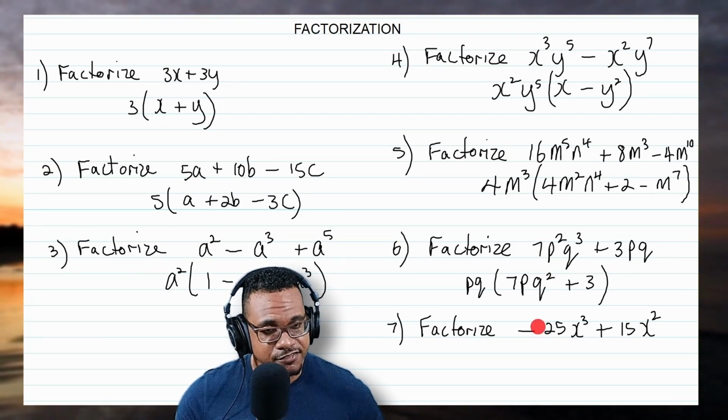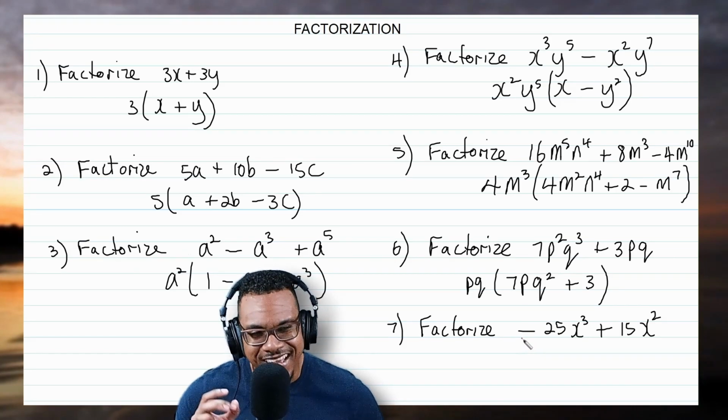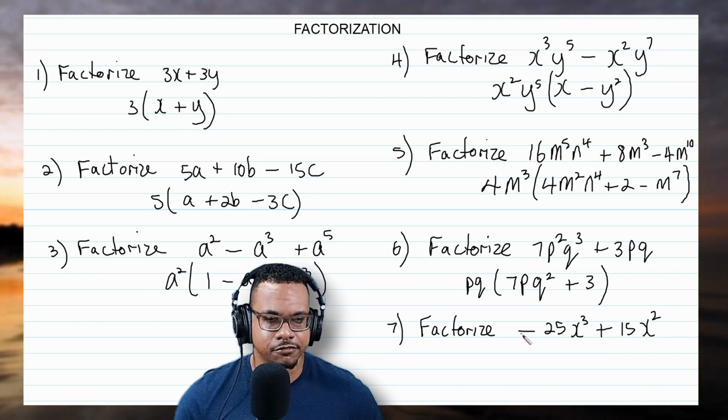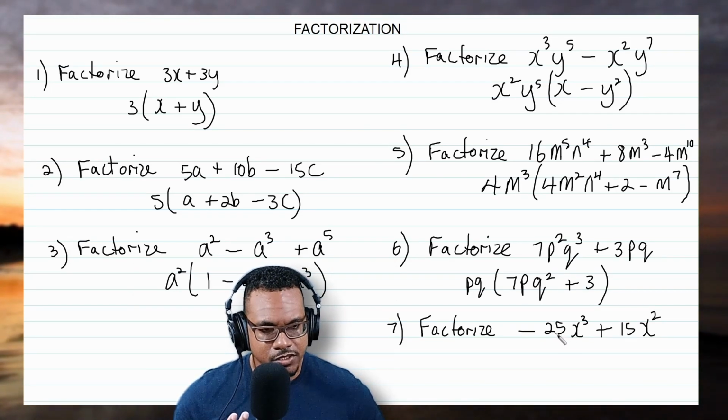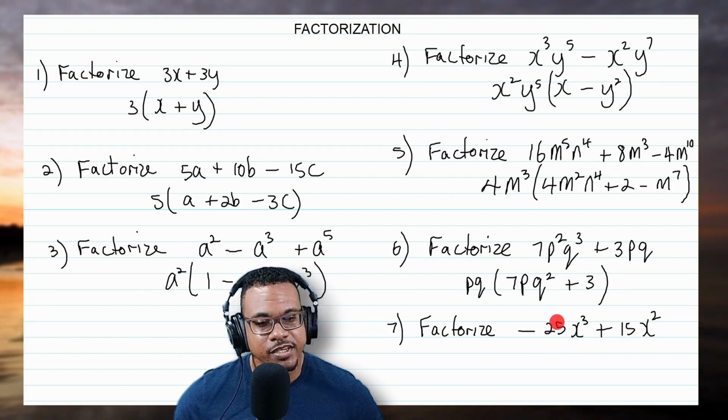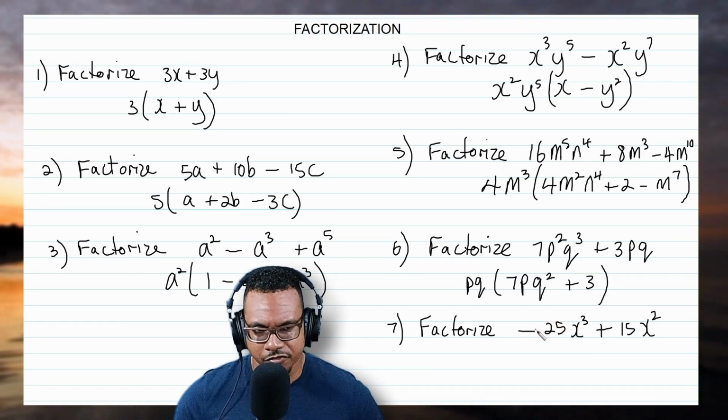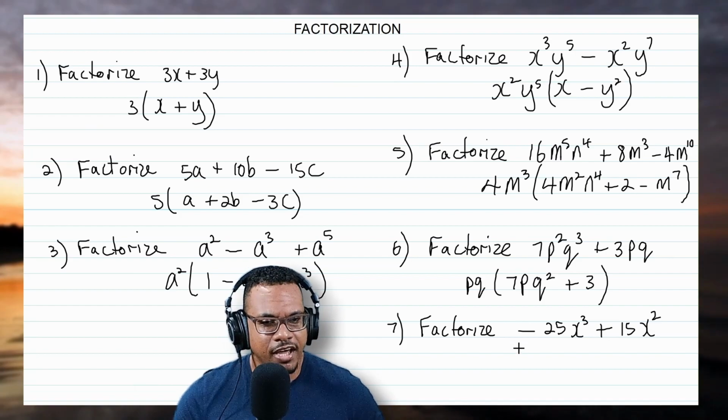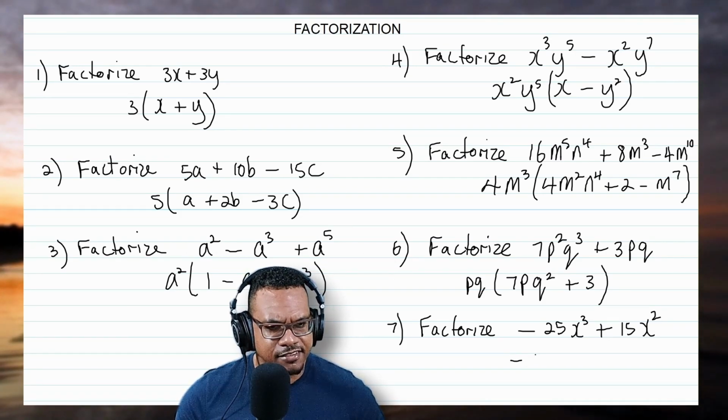So because this first term is negative, my highest common factor would be negative. I look to see what's common between these two terms. I have 25 and 15, so 5 is the highest thing that can go into both of them. Remember my first term is negative, so my HCF will have to be negative. So I'm going to have negative 5.